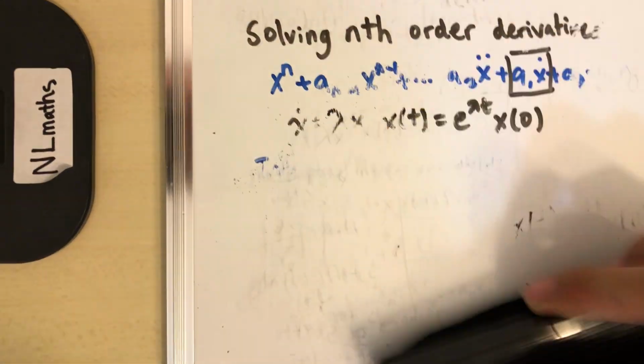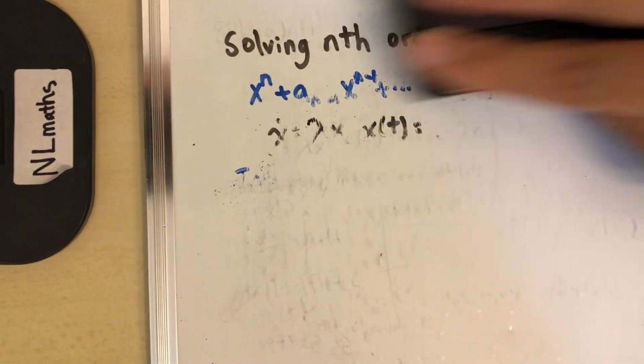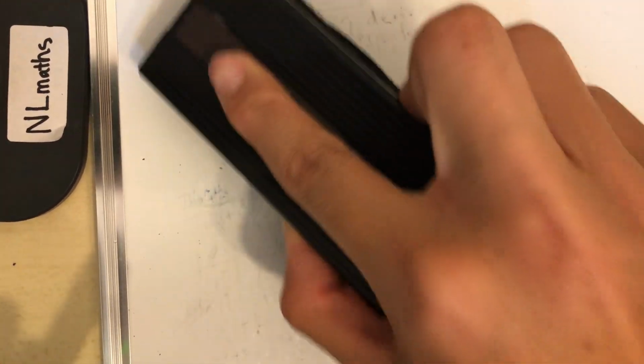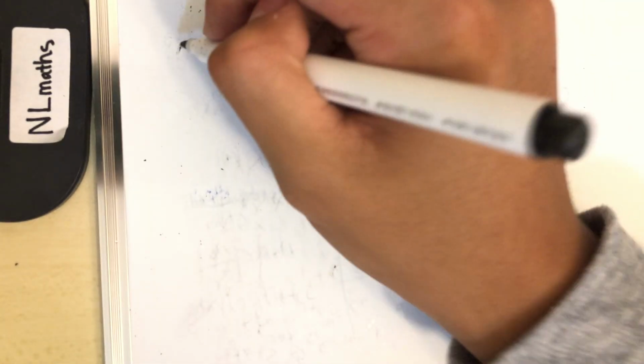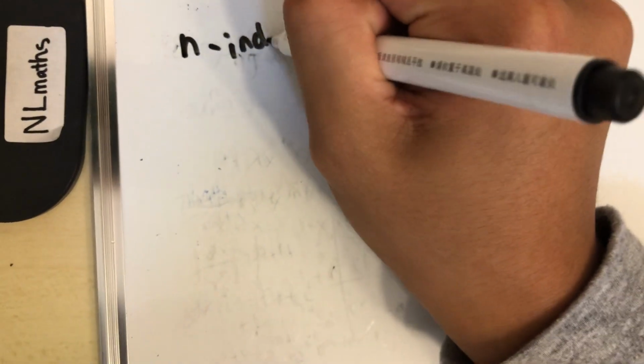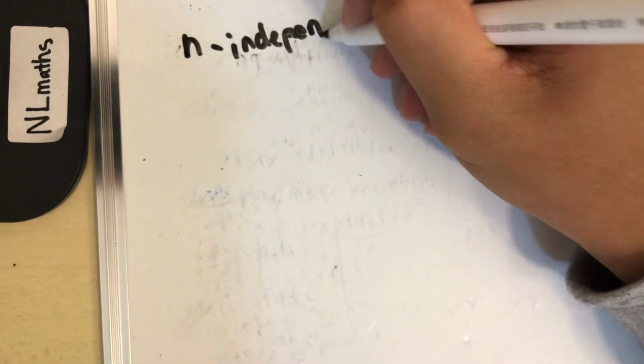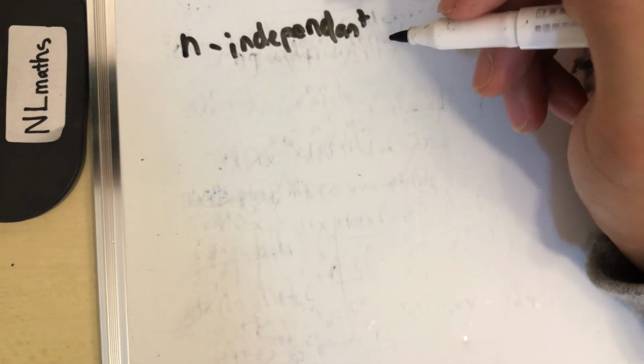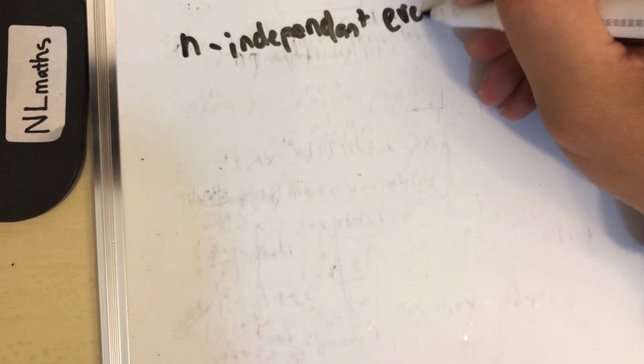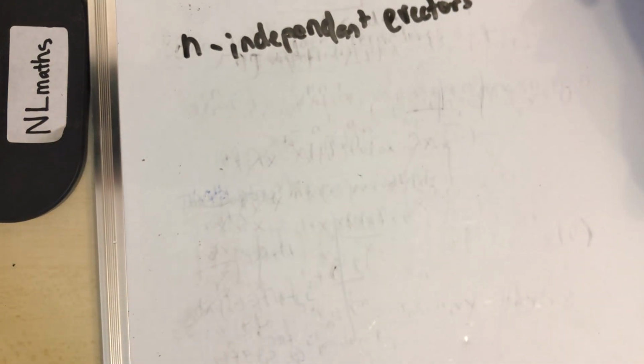Today's lecture is a really big one, but I'm just really excited about all of this. Okay, so n independent eigenvectors.